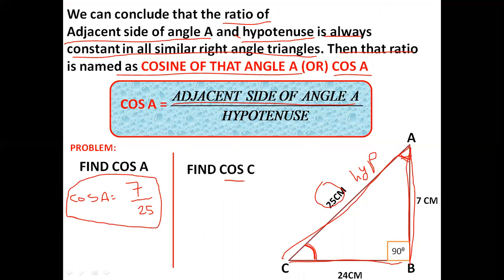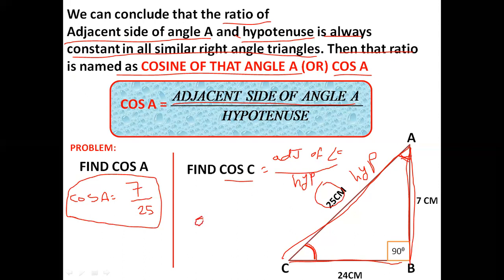Now here you have to find cos C. What is the formula for cos C? It is equal to the adjacent side of angle C by hypotenuse, because here C is there.